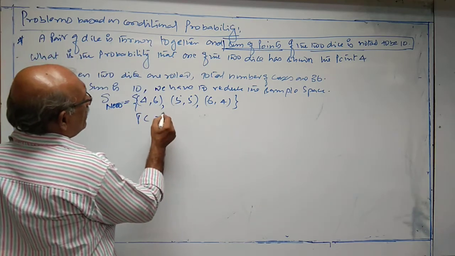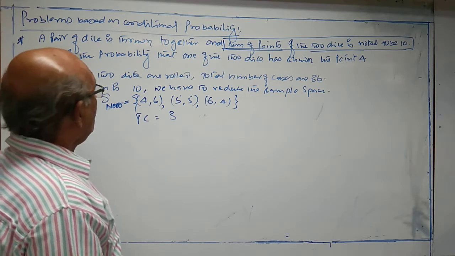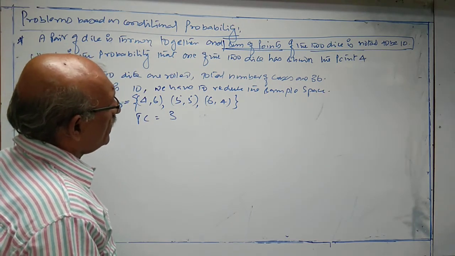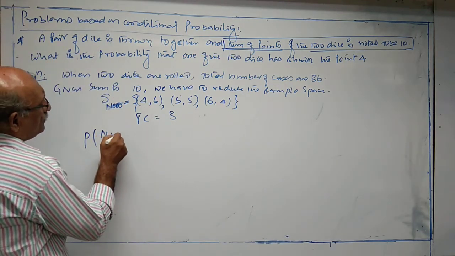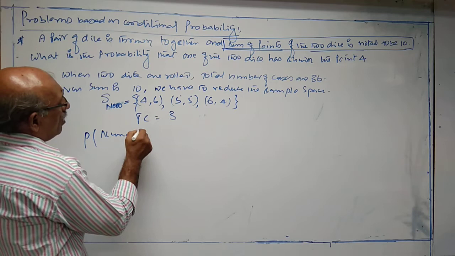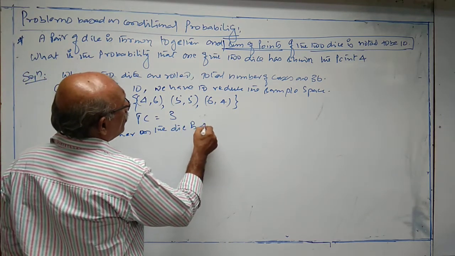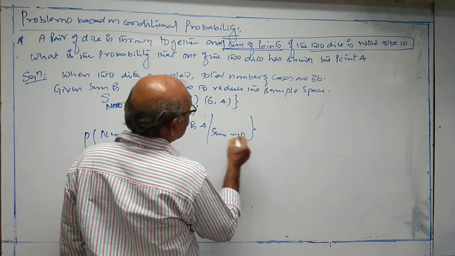So here total number of cases are 3. 1, 2, 3. Now what is required here? One of the two dice has shown a 4. So probability of number on the die is 4, given sum is equal to 10.